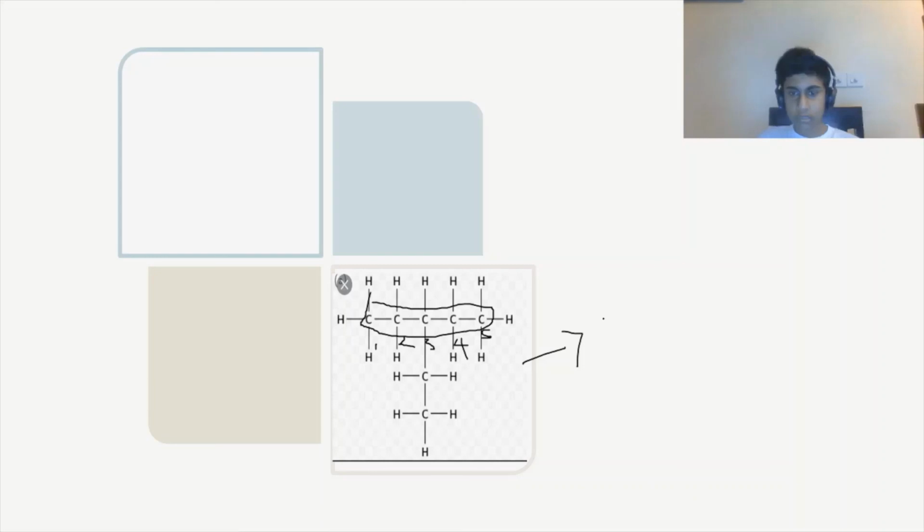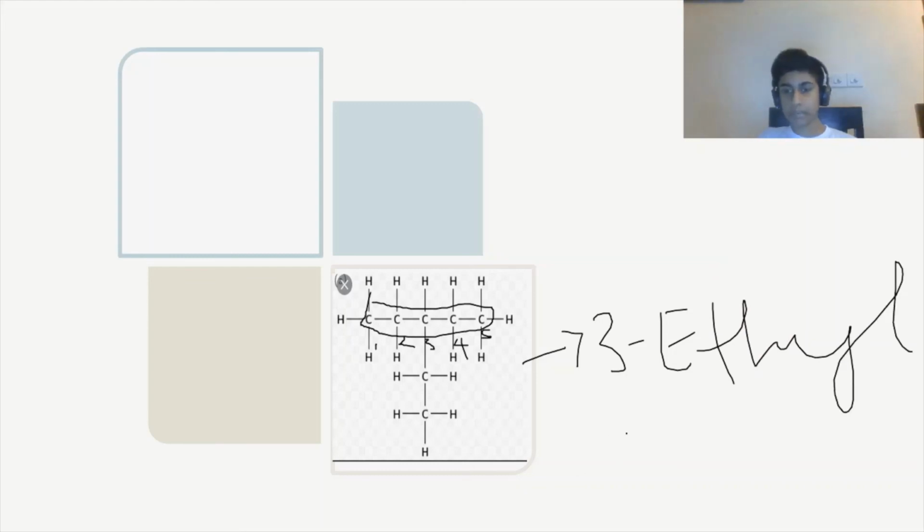At 3, what is this? This is C2H5, so this is 3-ethyl, and they're all single bonds, so 3-ethylpentane.